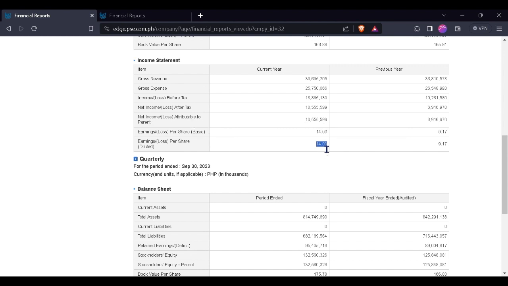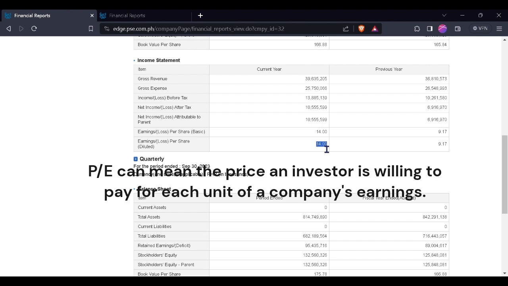So there are basically things that you should take note of when you're trying to interpret the PE ratio. There are basically two ways of interpreting it. The PE ratio of 5.13, you could interpret as the price you're willing to pay for a share equal to its $1 or 1 peso of earnings.